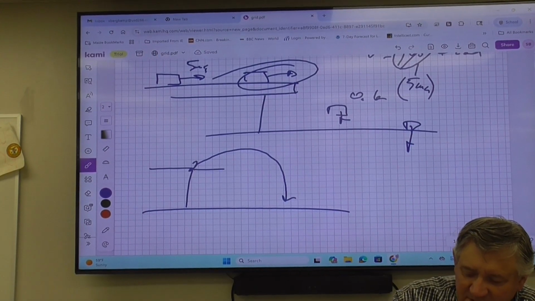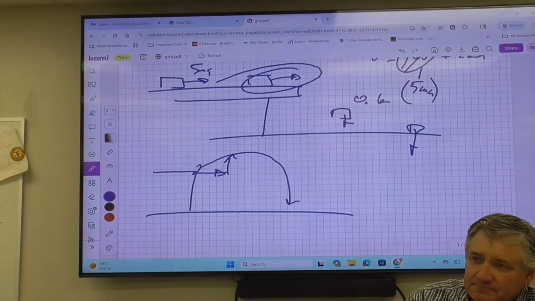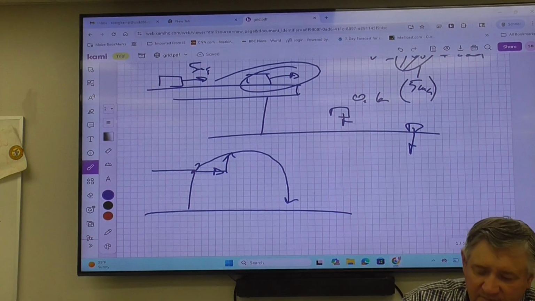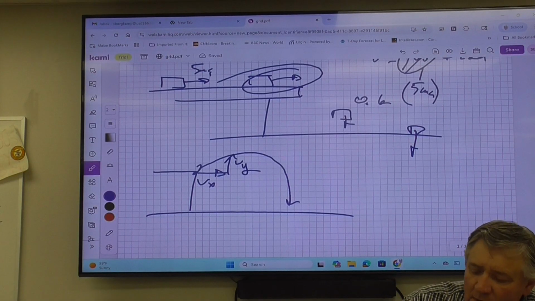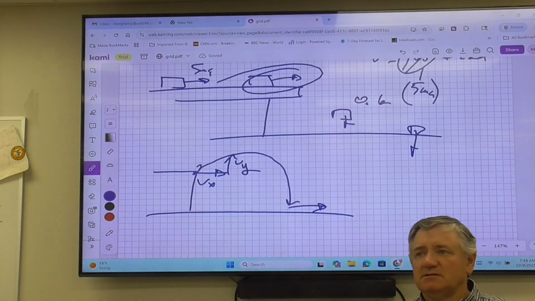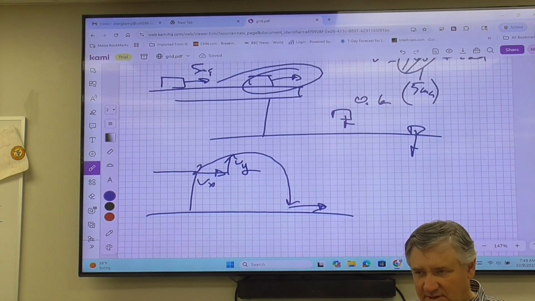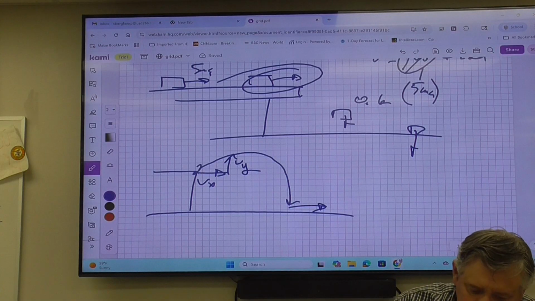So what's the first thing you have to do when you get that launch velocity? Find your Vx, find your Vy. When it lands, does it have the same Vx as when it's launched? Yes, absolutely. Now, think about this.